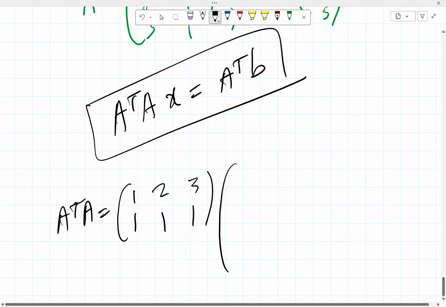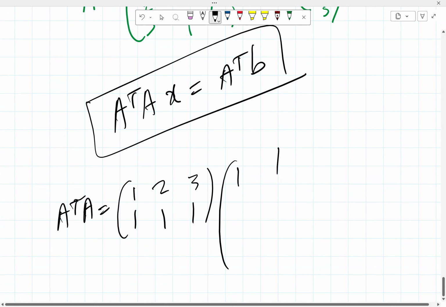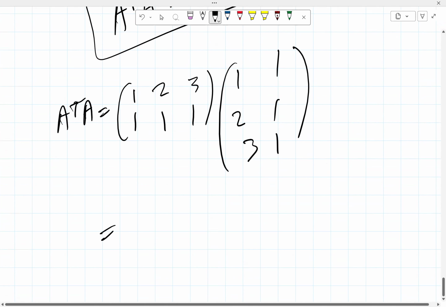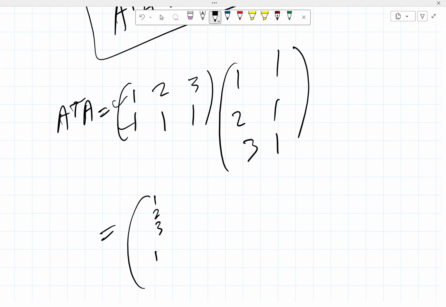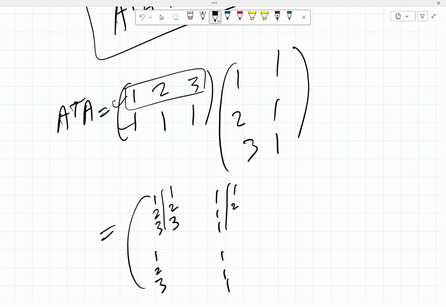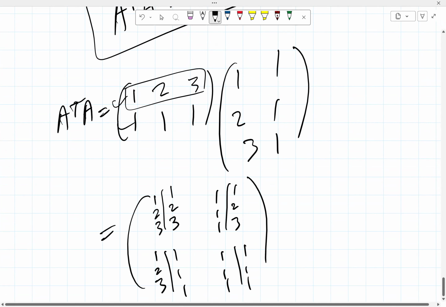All this now multiplied by A, which is 1, 1, 2, 1, 3, 1. Because we have two rows here, you have to write each column twice. So 1, 2, 3, 1, 2, 3, then 1, 1, 1, 1, 1, 1. Then you put this 1, 2, 3 over the top, and then 1, 2, 3. Then down we have 1, 1, 1, and then 1, 1, 1, like this.